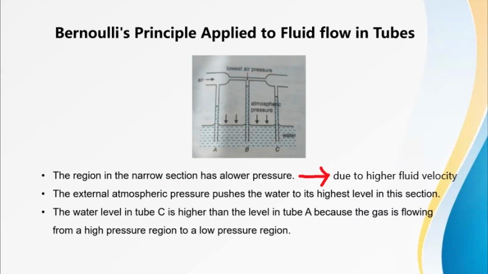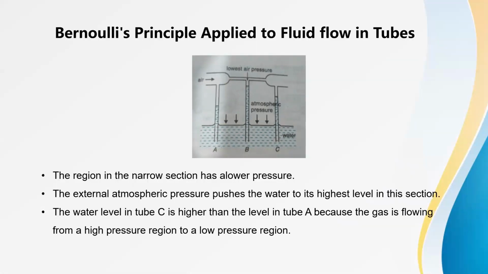The external atmospheric pressure pushes the water to its highest level in this section. The water level in tube C is higher than the level in tube A because the gas is flowing from a high pressure region to a low pressure region.